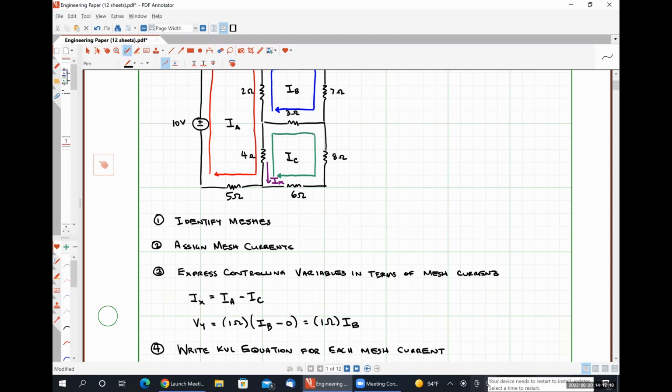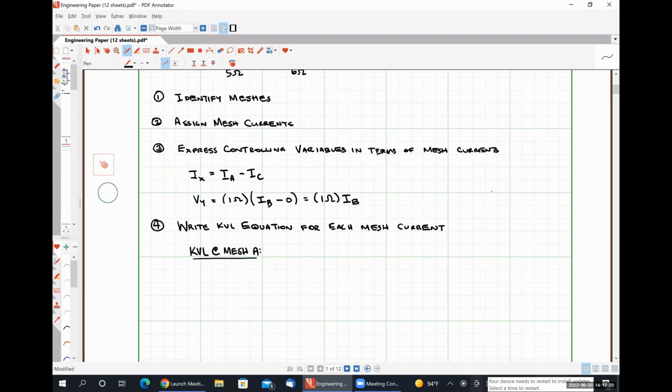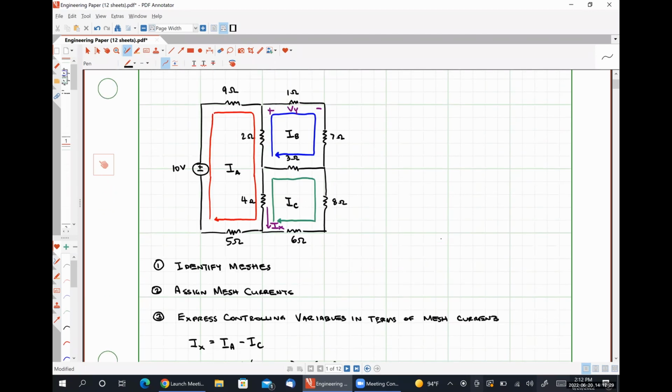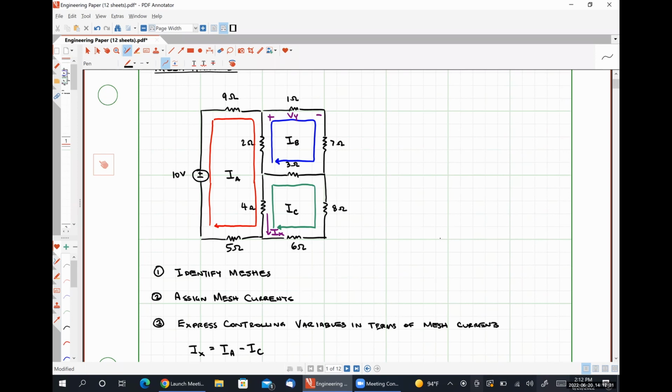So we're going to write that down as minus 10 volts. The next thing we see is the 9 ohm resistor. And we're always going to assume that the mesh current we're following is flowing into the positive polarity terminal. So this is going to be 9 ohms times IA.